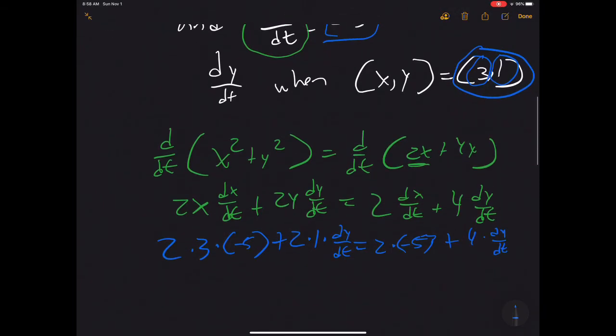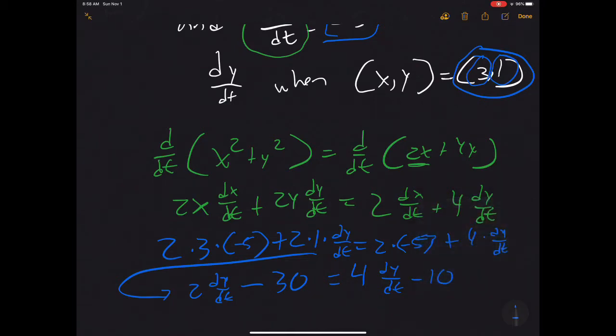And now when we simplify a little bit here, it becomes a very easy problem. I'll do this piece first and get 2 dy/dt. 2 times 3 times negative 5 is going to be negative. 3 times 5 is 15, times 2 is 30. And then we have 4 dy/dt minus 10.